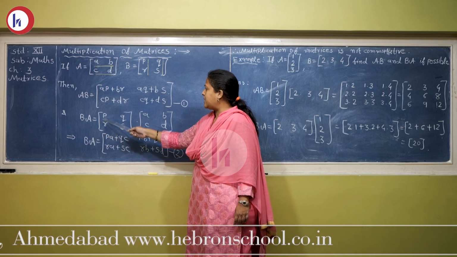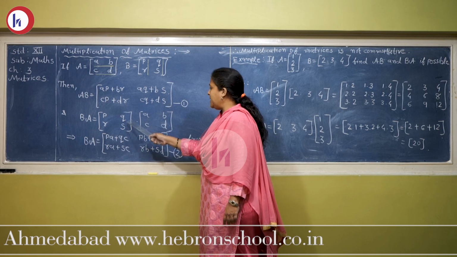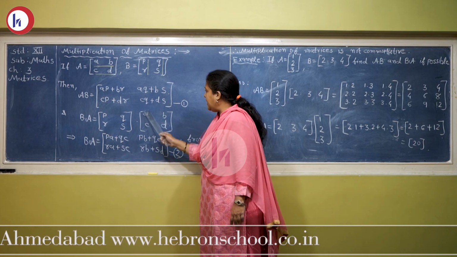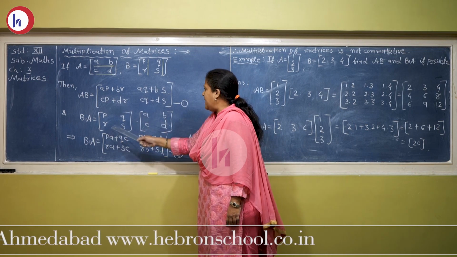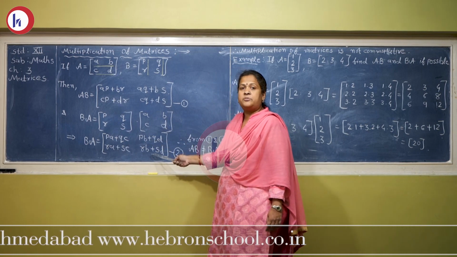So your answer becomes PA plus QC, PB plus QD, RA plus SC and RB plus SD. This is the answer of BA.